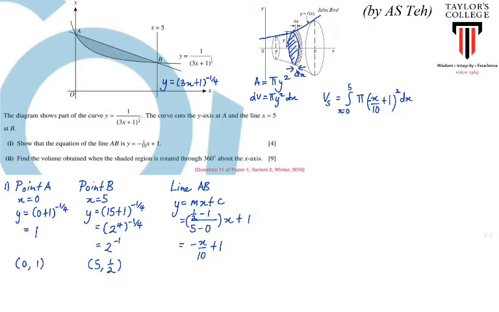We minus off the curve, the integral from x equals 0 to 5 of pi y squared again. This will be (3x plus 1) to the power of negative 1 over 4, squared, so it's to the power of negative 1 over 2, delta x.